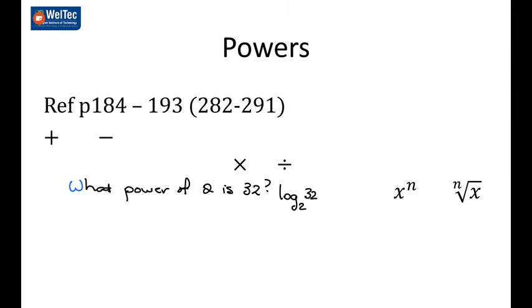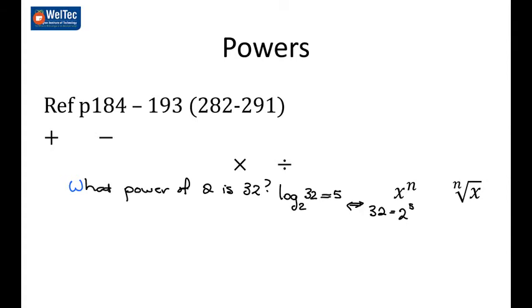Those two statements are the same. What power of 2 is 32? We can write as log to the base 2 of 32. The answer must be 5, because if we look at it the other way, 32 is equal to 2 to the power of 5.